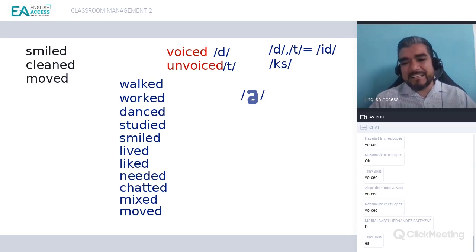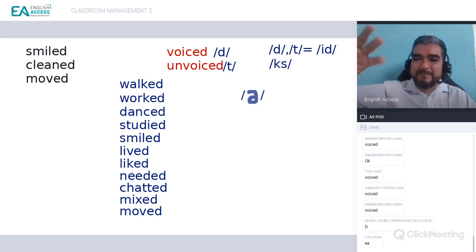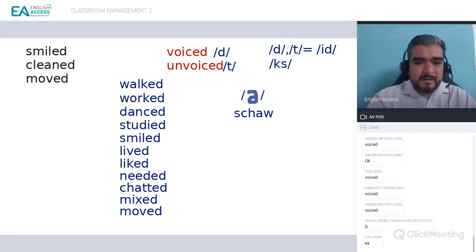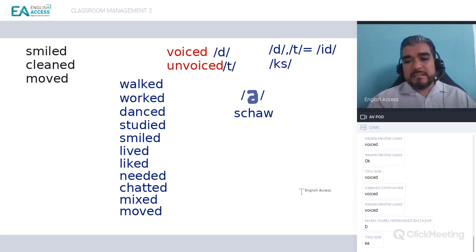Yeah, it looks like an A, but it's not an A, right? It's like an E, but upside down. So this is the schwa symbol. The schwa, that's the name. I'm going to write it here. Schwa. The sound of that symbol is more or less like uh, uh.